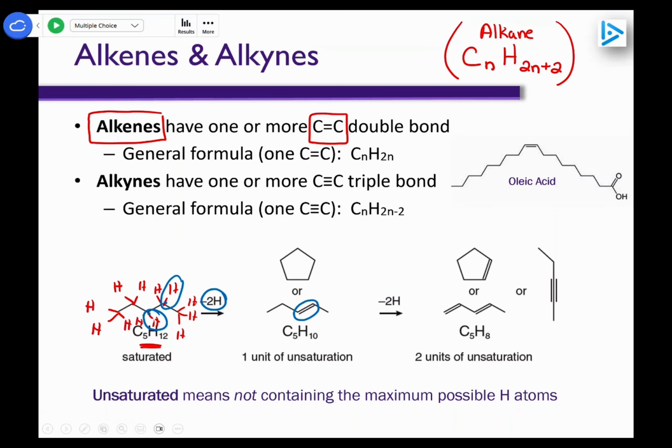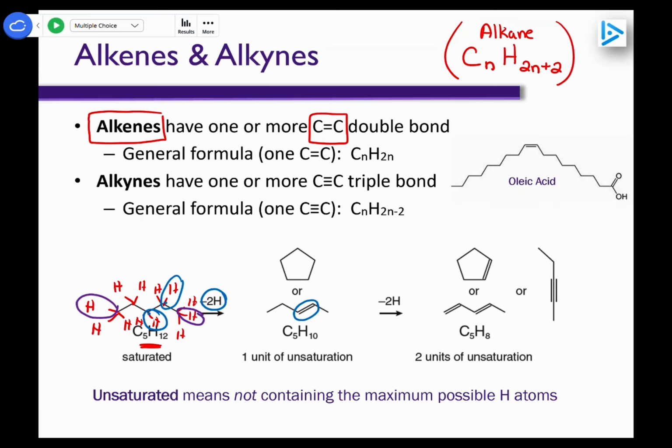So I'm going to go back to my C5H12. Imagine we put those 2 hydrogens back in. If I take 1 hydrogen from the end and another hydrogen from the end, as we did when we had our cycloalkane, we took those pieces. It's going to be tricky.